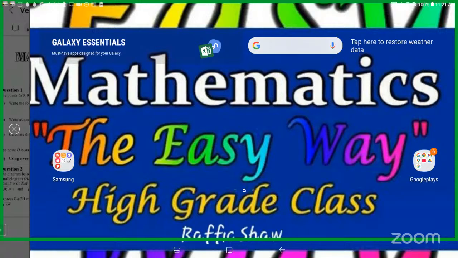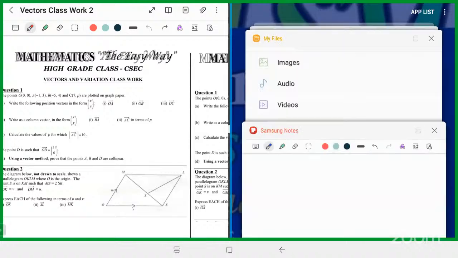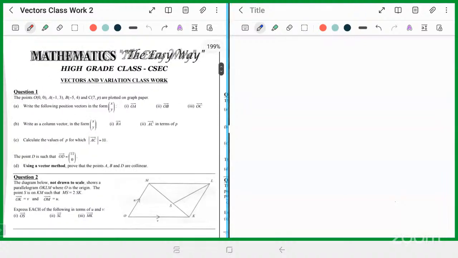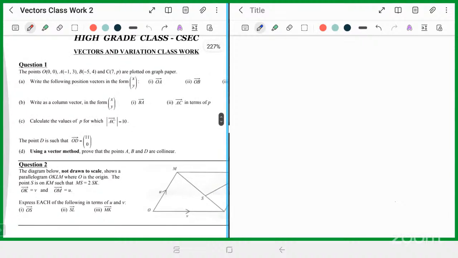Okay. So we intend to have a nice, quick, very efficient session today. I want us to work through the vectors class activity that we did. It says vectors and variation, but actually just vectors alone on this paper.